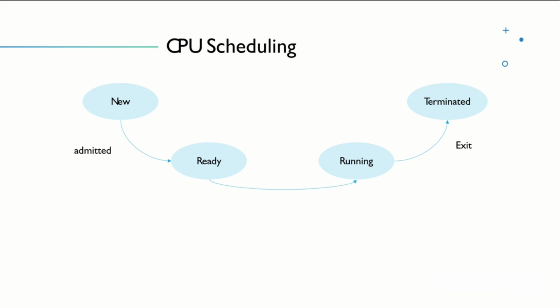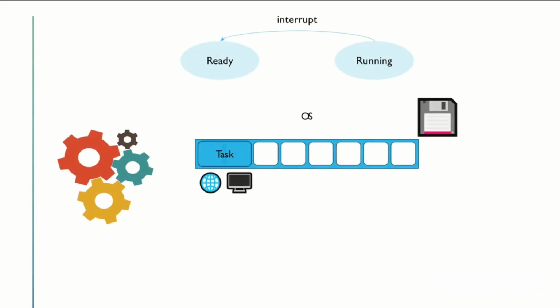Now sometimes some interruptions happen. If a task is already in the RAM and being processed by the CPU, and suddenly something happens and it leaves the RAM, not terminated, it goes back into the queue again, back to the ready state. An example of this is the same task, playing a YouTube video.